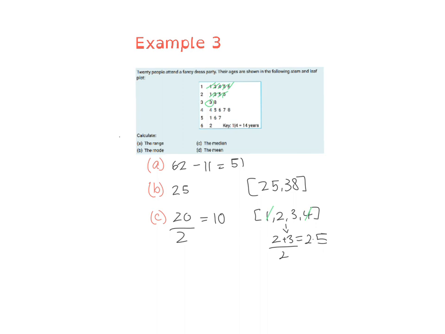So 33 is the 10th. But because it's an even number, I need to take the 10th and the one after it, the 11th. So that means that to find the median, I'm going to take 33 plus 38 and divide by 2. So making the median 35.5.